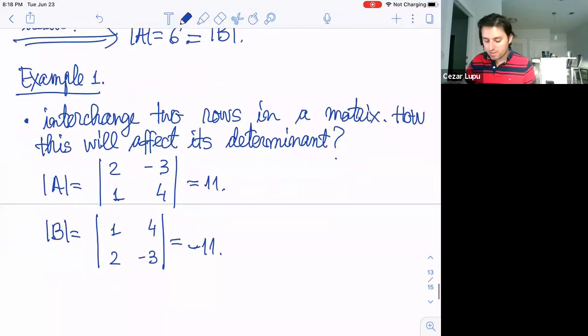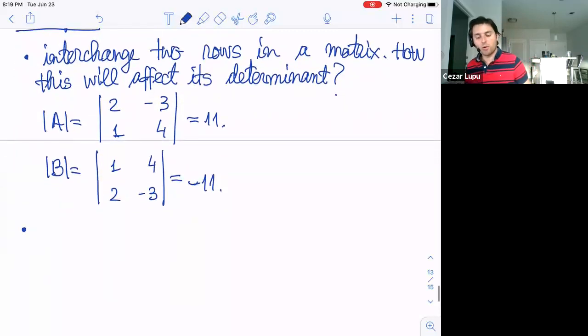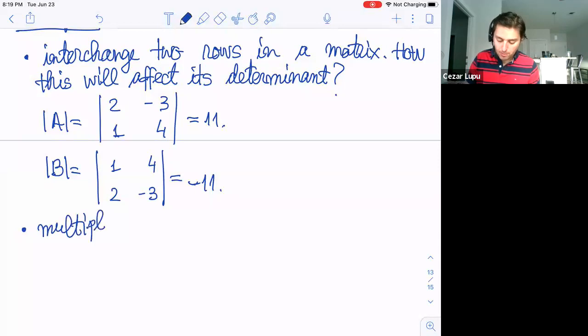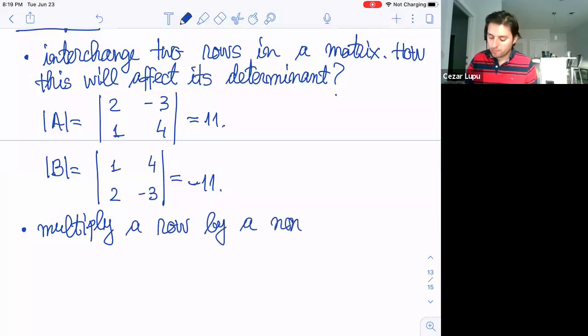Okay. Let's give some other examples. Let's do some other elementary operations. Let's say multiplying a row. Multiply a row by a non-zero constant. So we want to see how this will affect the determinant. The same question.